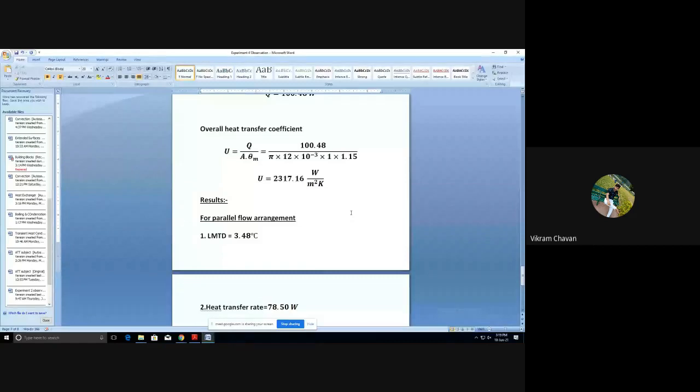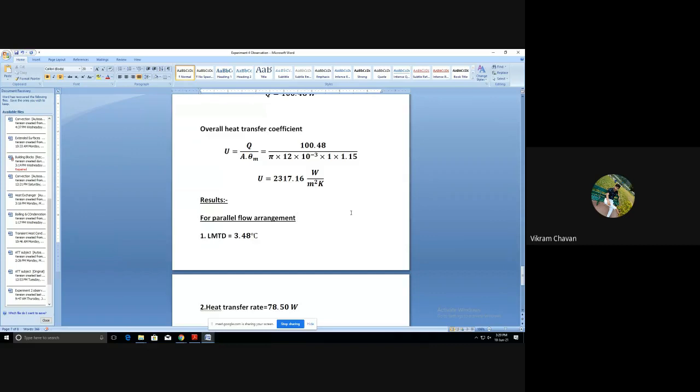If any one or two temperatures are missing in the problem statement, then you have to go for the number of transfer units, that is the NTU methodology, to calculate the unknown conditions and then move ahead with the further calculations.